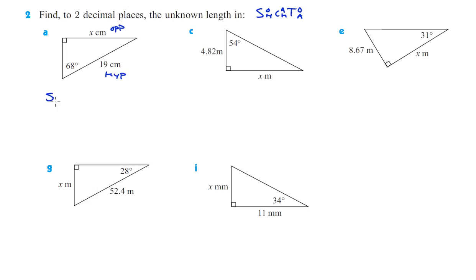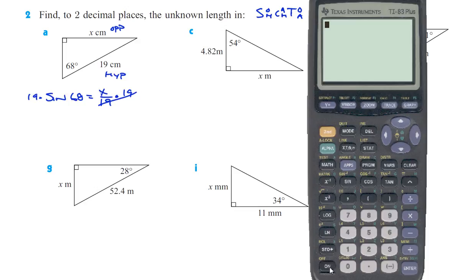So I'm going to want to do sine of the angle 68, which gives me opposite, which is x, over hypotenuse, which is 19. So sine 68 equals x over 19. I want to get x by itself, so I'm going to multiply both sides by 19, and that gives me x equals 19 times sine of 68.